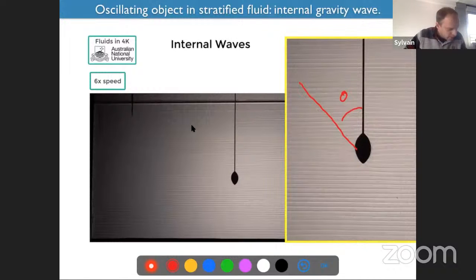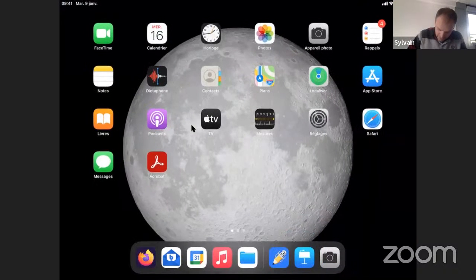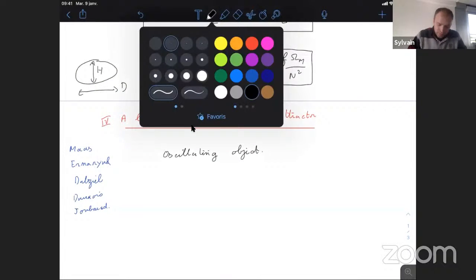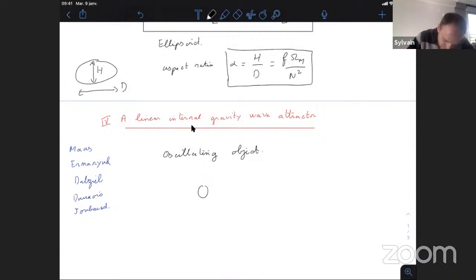So if I go back, what you see is that if you have an oscillating object at a frequency omega, you have 4 directions. These directions are the direction of the group velocity, and I use omega equals N sine theta. In the movie it was written cos theta, but it's not the same angle here.